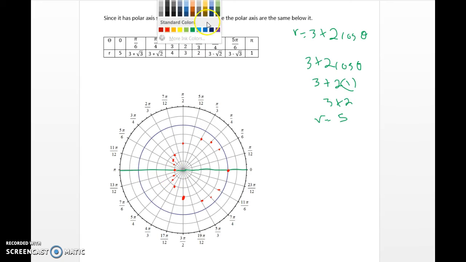And we're going to connect these. I'm going to connect them in blue. And what you see is we have this small point, and it's going to get bigger and bigger until you reach your largest point. It's going to come back down smaller and smaller. And we have this kind of circle, except it gets this little divot here in the middle.